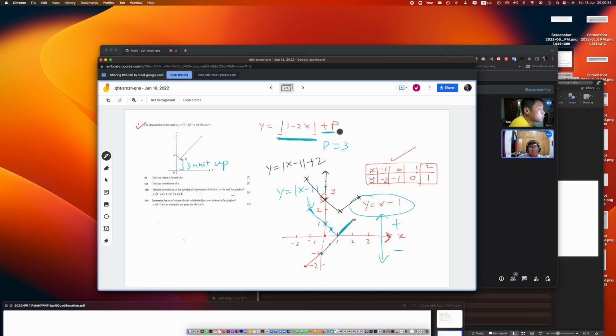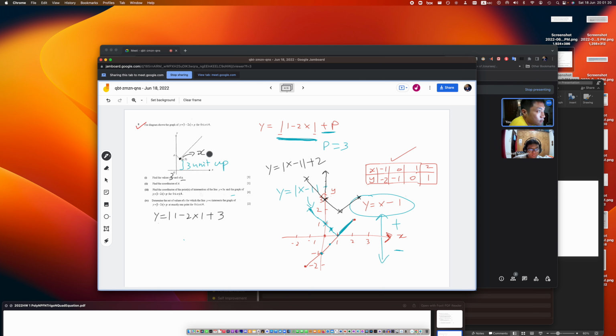With p equals 3, things are simple. So y equals 1 minus 2x plus 3. Now what is q? Just substitute in, because q is the x coordinate.